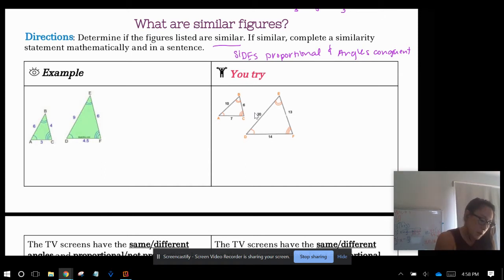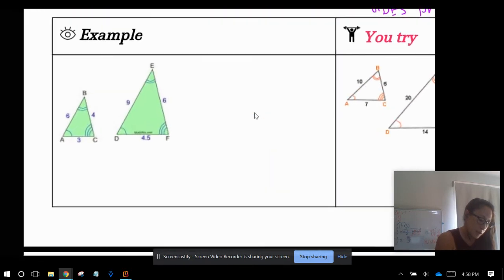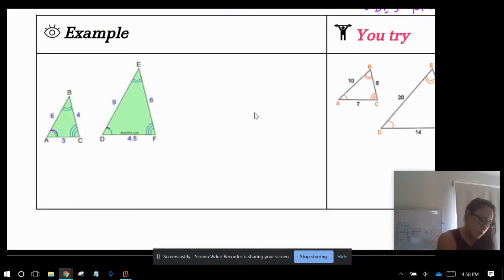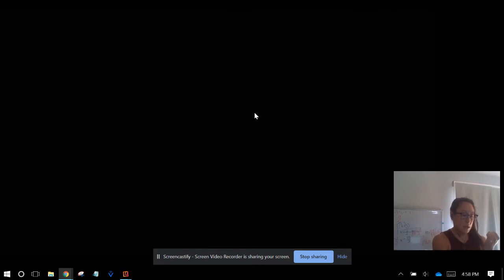I'm going to look at the first example. I see that angle A and angle D match, angle B and angle E match, and angle F and C match. So the three angles are congruent. That's one thing I have to look for. Let me say that's check.